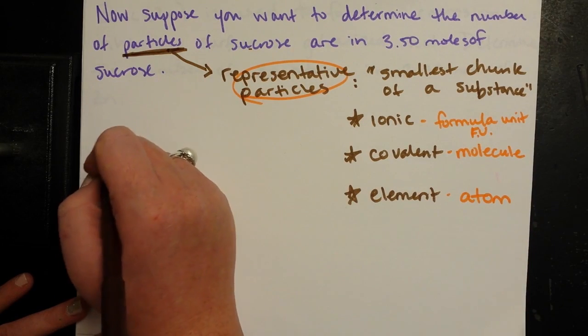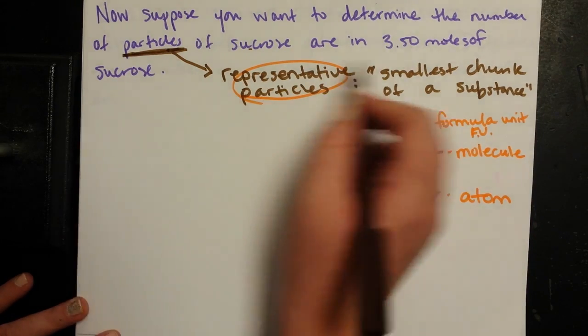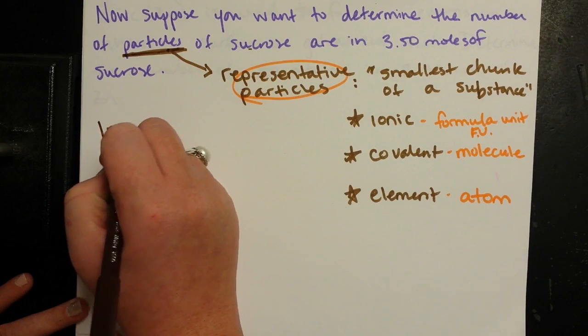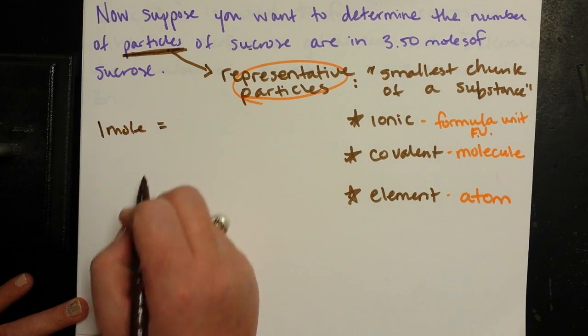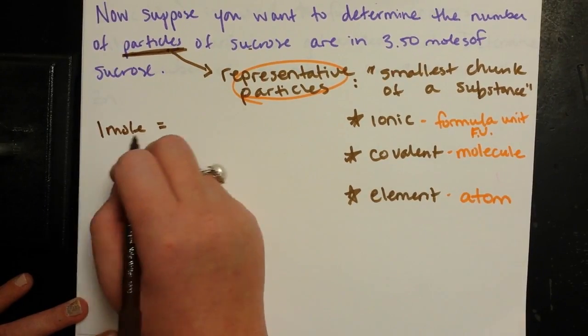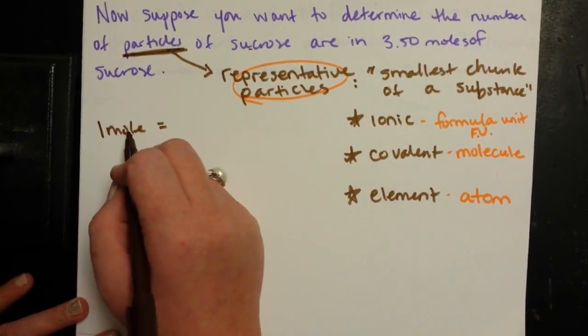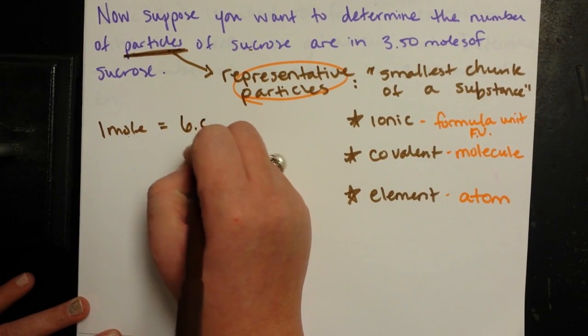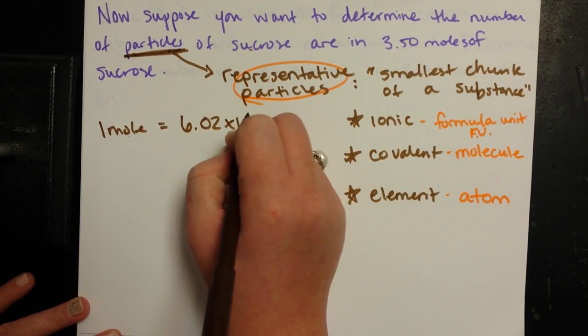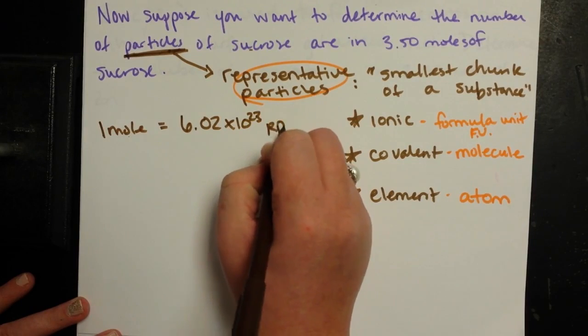That's because 1 mole of a substance is going to equal Avogadro's number, just like 1 dozen would be 12. 1 mole is going to equal Avogadro's number of representative particles.